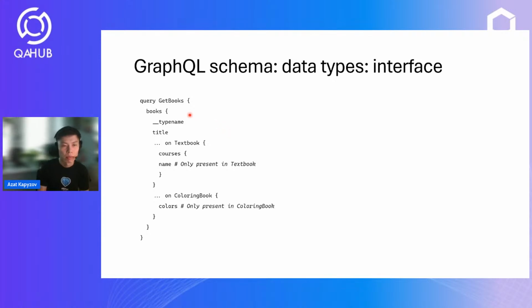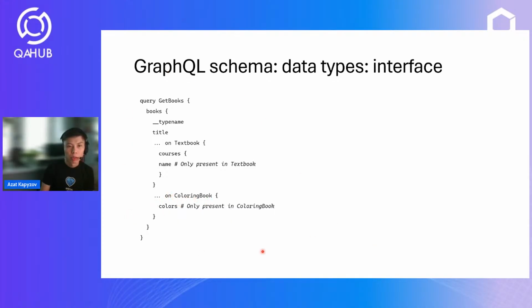So in this case, we again use this type name property in our query. We want to get title, but also if it is textbook type, we will get courses, the names of these courses, and for coloring book, we will get colors.